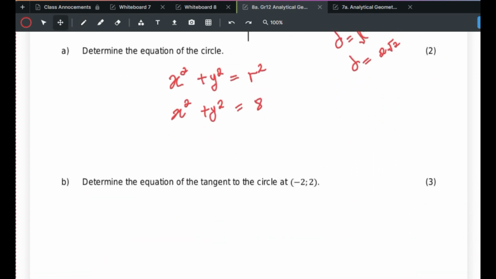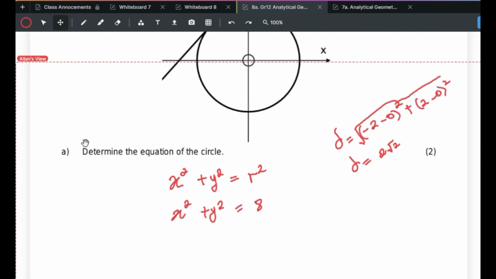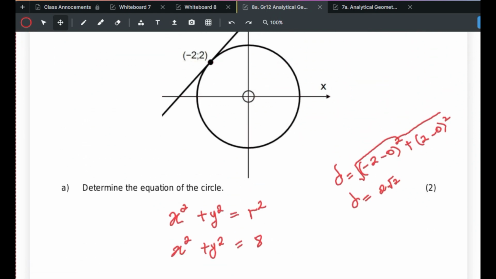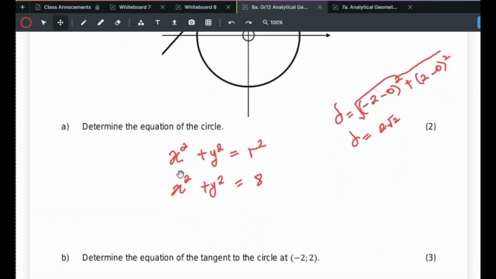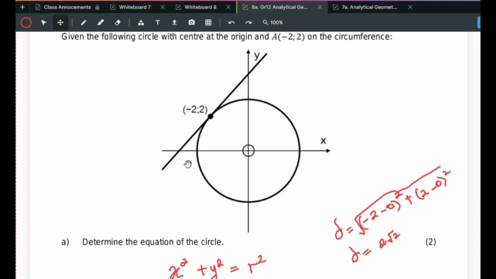Now the second question says determine the equation of the tangent. You're working with tangents, the line that intersects your graph once. How exactly do we find the equation of this tangent, which is this straight line over here? We want to get the gradient.